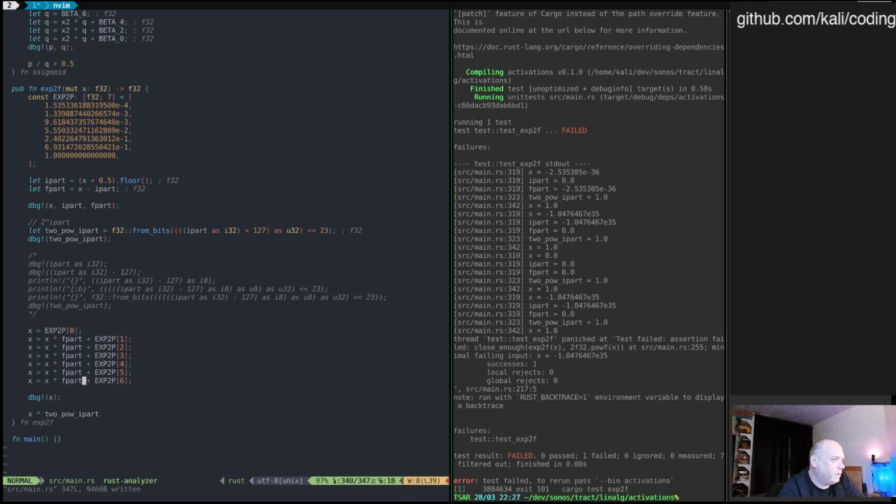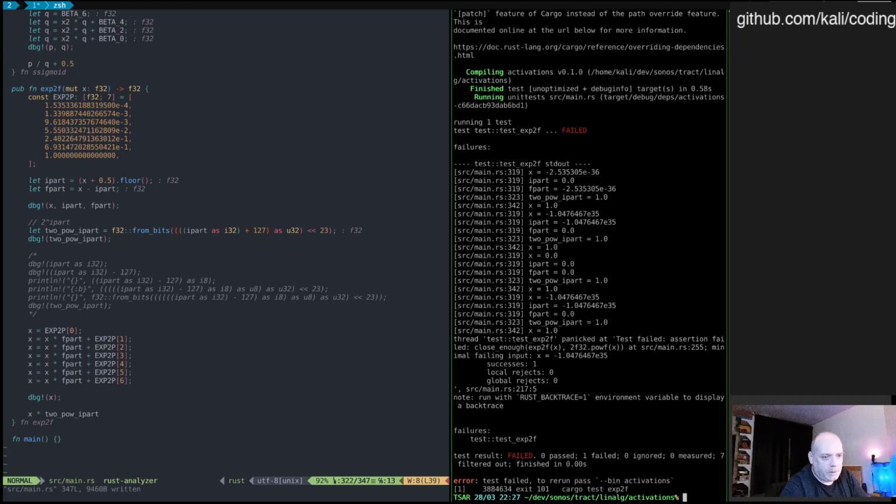So that leaves us with x equals this guy, which is 1. So 2 to the I part has to be 0, because it's 2 to the power of a very big negative number. So it should be 0. So we still have something missing here.